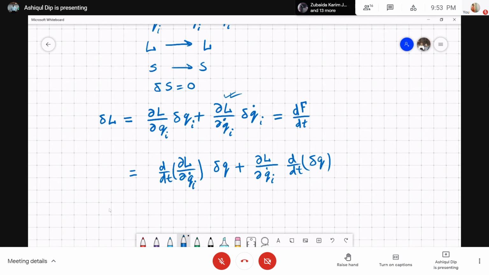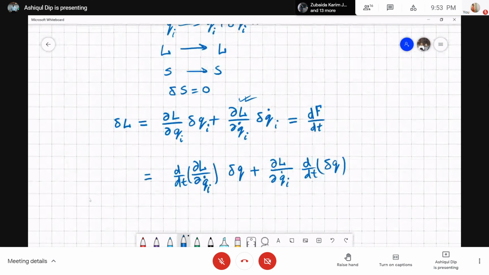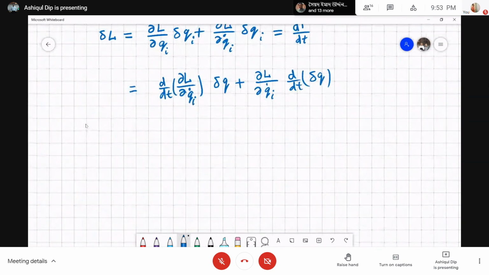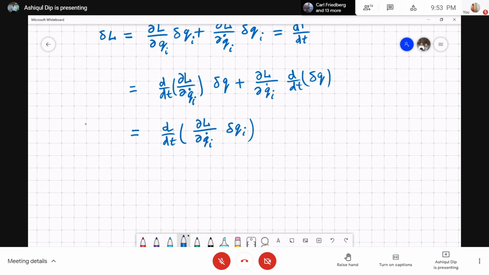So by the product rule, we can write this as d/dt of ∂L/∂q̇i multiplied by the variation of qi. This has to be satisfied with the other side, which is df/dt.